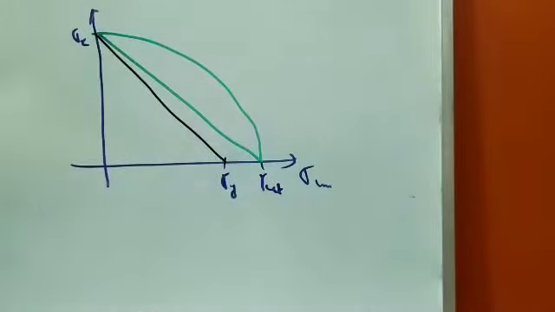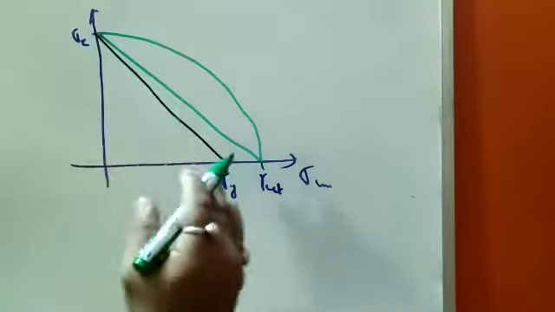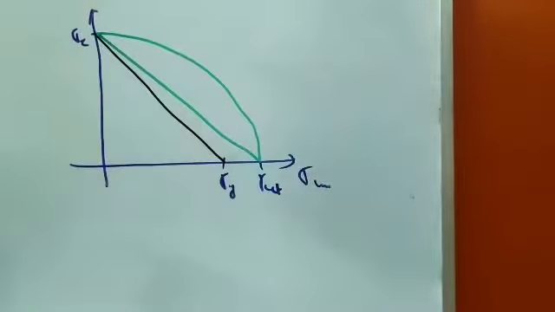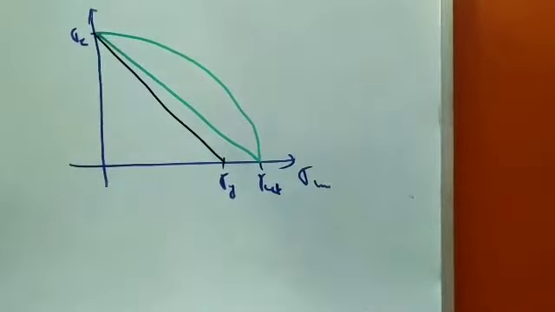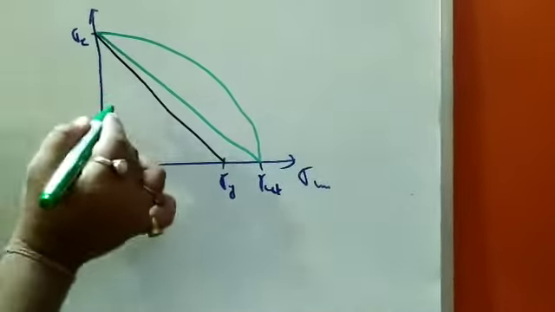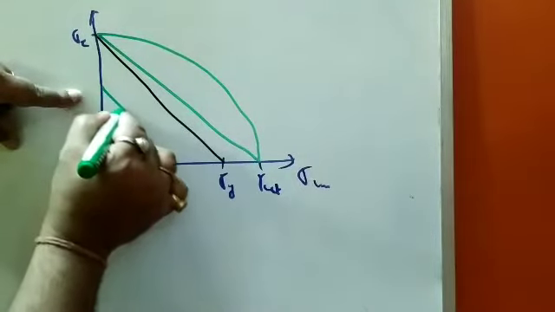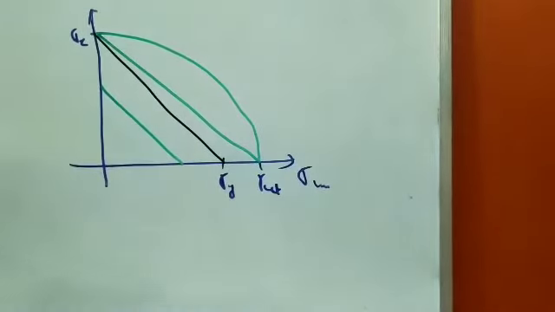So that is that. Now I am taking Soderberg as the failure criteria, and I am drawing a safe line from here. Now what is this safe line basically?